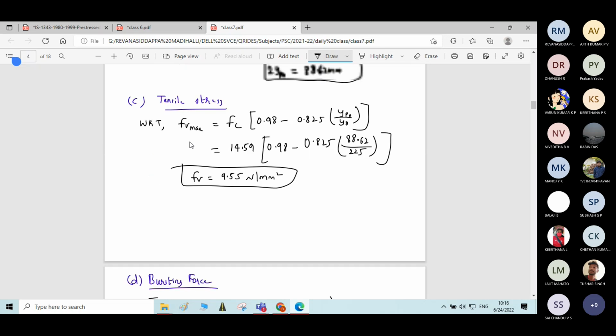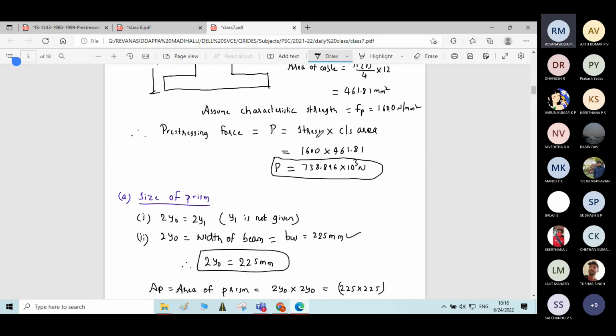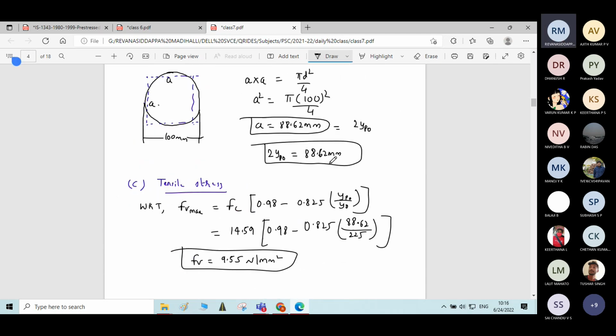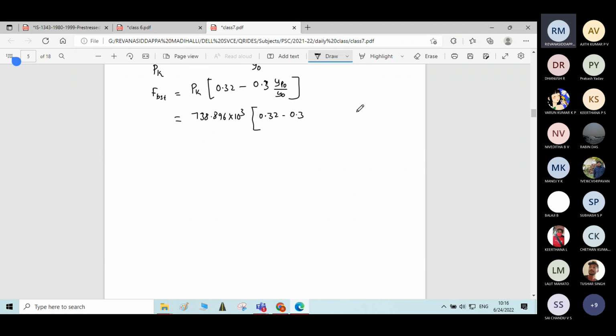Here the prestressing force P is nothing but PK only. Don't get confused, both are the same. So 738.896 into 10 power 3 into 0.32 minus 0.3 Yp naught by Y naught, the same ratio, I will substitute 88.62 divided by 225.